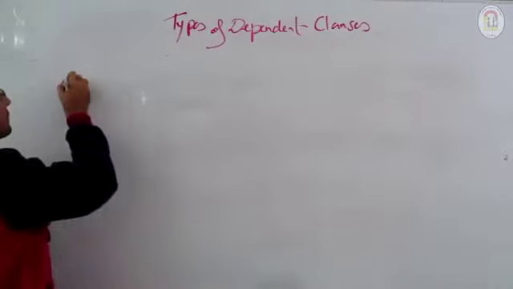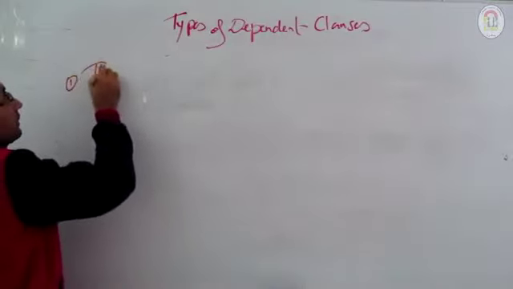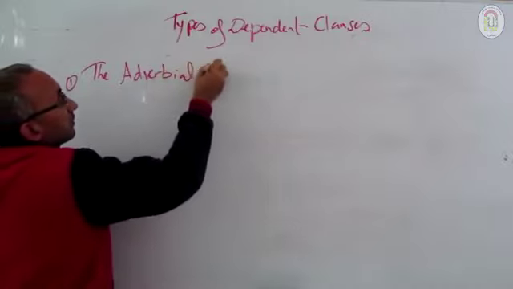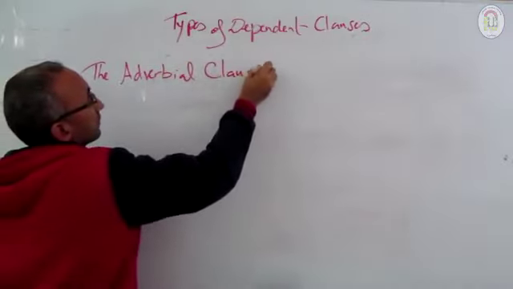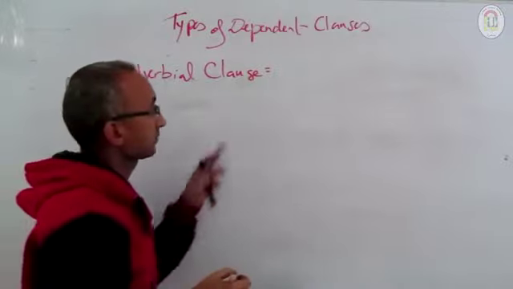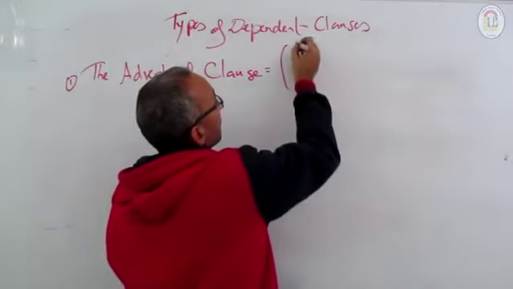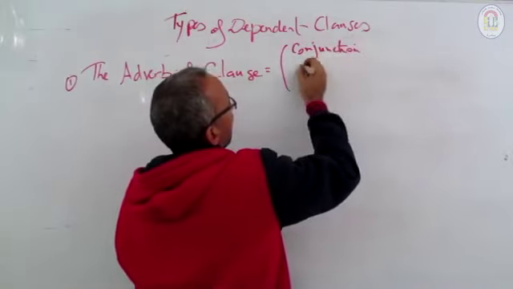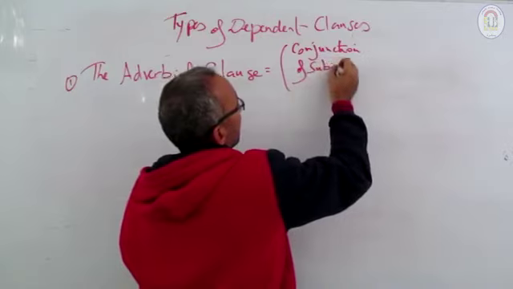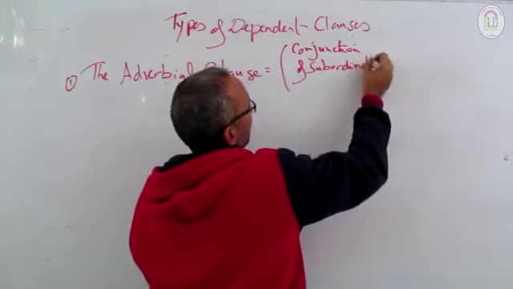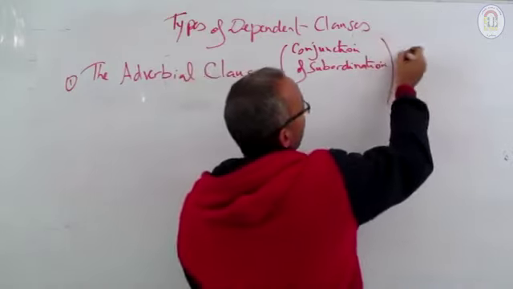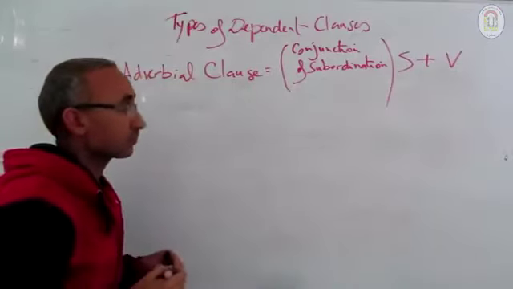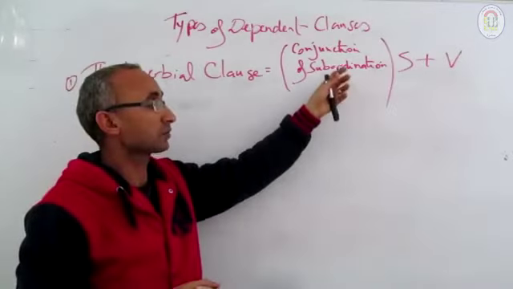Number one, the adverbial clause equals what? It usually starts with a conjunction of subordination, followed always by S plus V. Clear? S plus V. Of time, of course, of concession, of result, and so on.